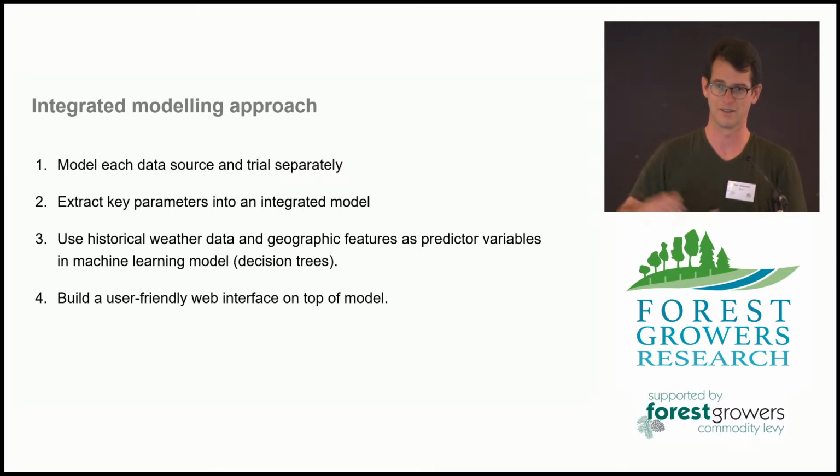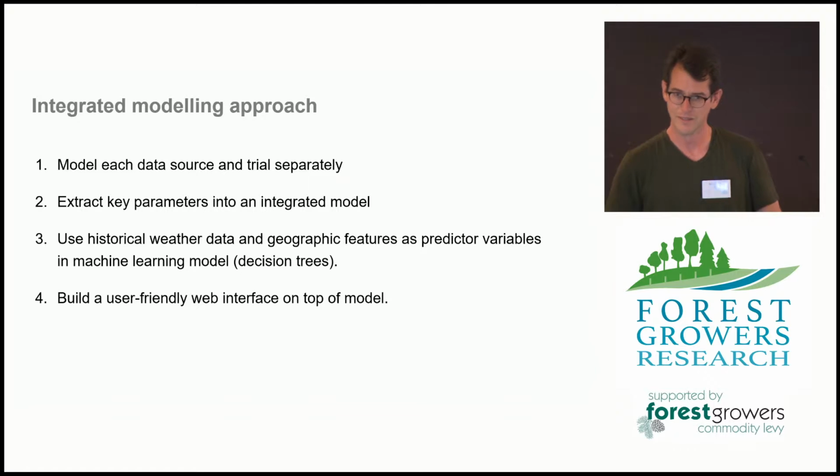Are you in a valley or on a hill? That all matters. And then, as a last step, we're putting a user-friendly interface on top of it, so that it's actually a practical tool that everybody can use, both other researchers and other groups, because we don't want them all to have to reinvent the same wheels that require programming, but also for foresters that just want to manage their forest.